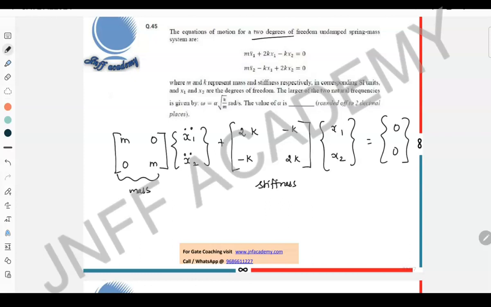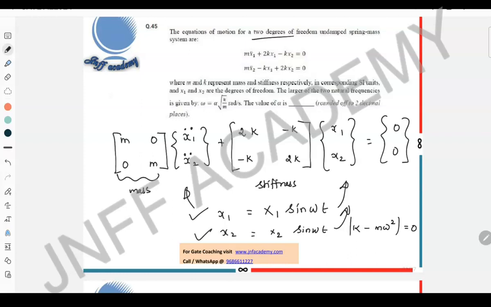In our class what we have done is we considered x1 is equal to capital X1 sin omega t, x2 is equal to capital X2 or A2 sin omega t, and we substituted these two into the above equation. We took the second derivative of these and substituted them over here. After substituting everything, we arrange this in this format: the determinant of k minus m omega square is equal to 0.